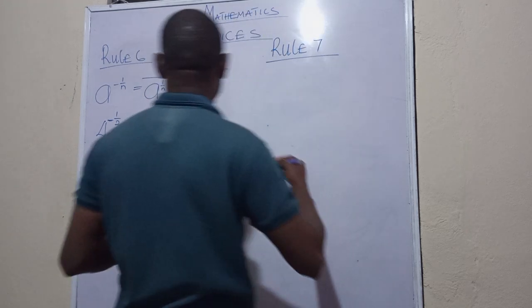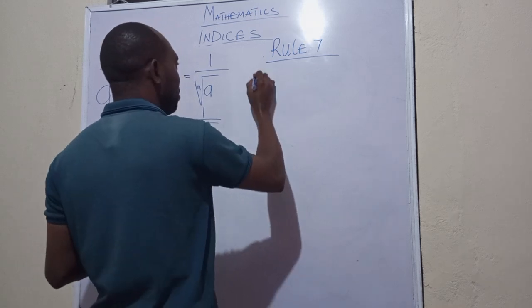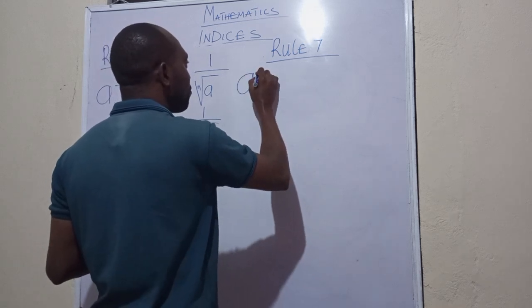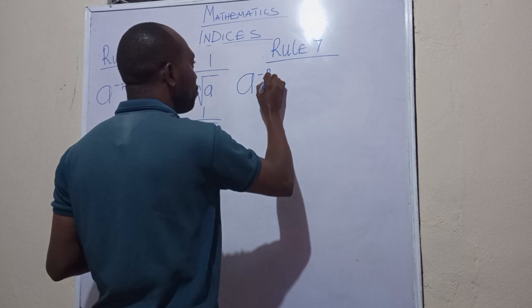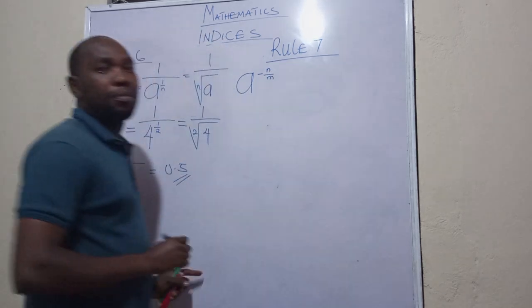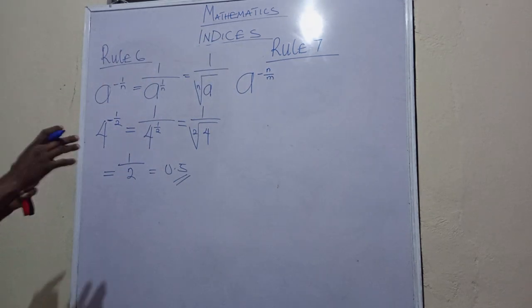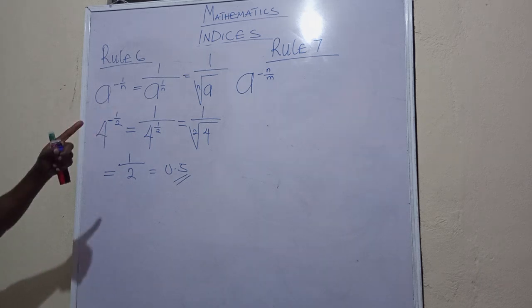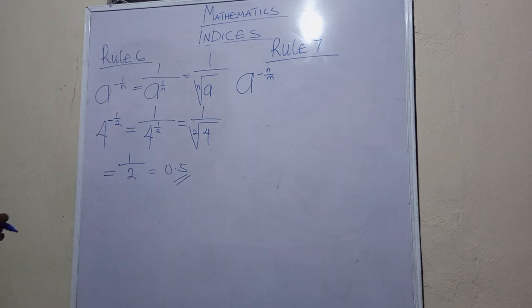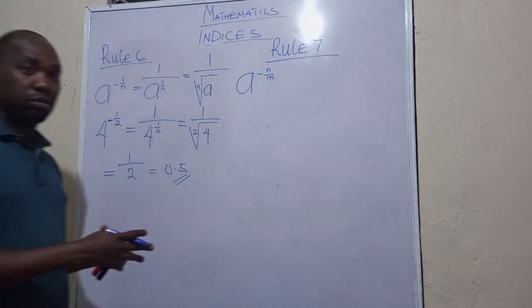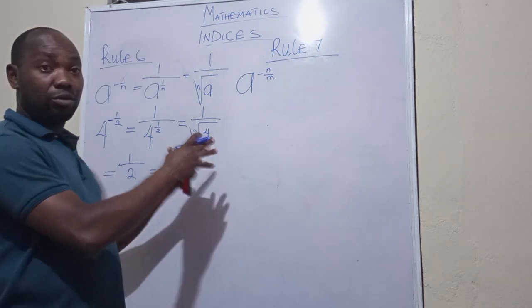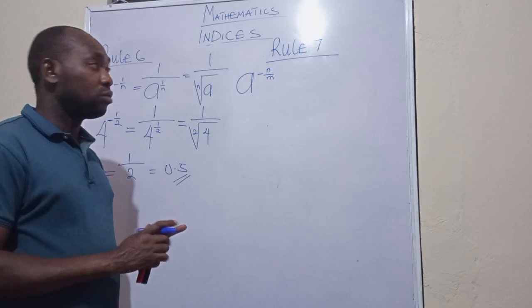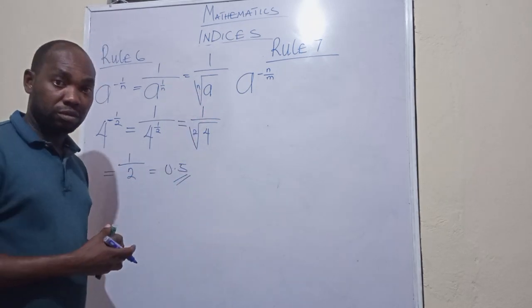In rule 7, we have, for example, a raised to the power of minus n over m. You see, rule 5 is here, and rule 3 is also here. So it's a combination of two rules playing out in just one question, which is rule 7.